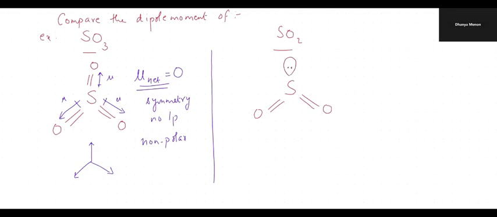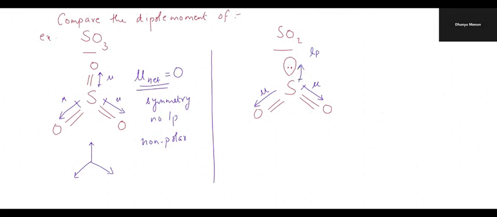The dipole is from less electronegative sulfur to more electronegative oxygen. Let's call it mu. Both these mu are the same, but here there is an additional lone pair, so the dipole is from the atom to the lone pair.